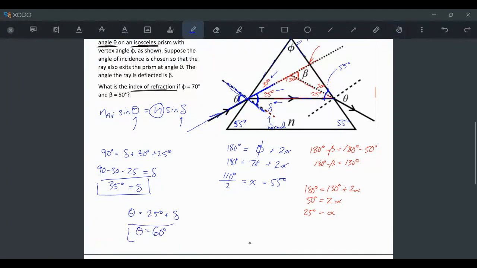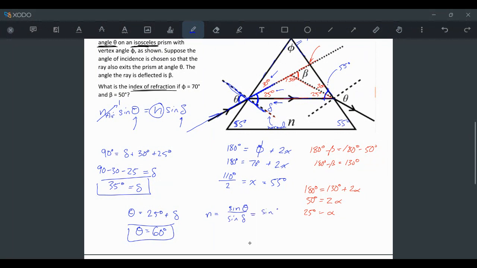And now we're set. I think we have everything we need for Snell's law. This was 1. The index of refraction of air is pretty much always 1. We want to solve for the index of refraction. So the index of refraction is just equal to sine theta divided by sine delta. We know what real numbers for those are.